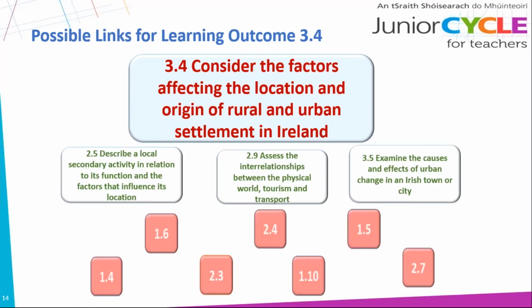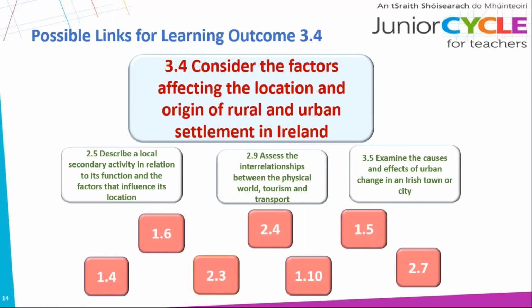You can also see other potential links, for example, from strand 1, learning outcome 1.4 assesses soil type in a local area in relation to composition and vegetation. Students will study soil in their local area in relation to its composition and vegetation. The physical landscape has a huge influence on what our land is used for.